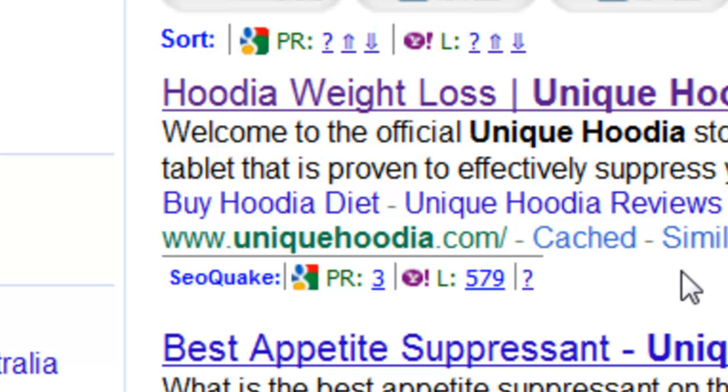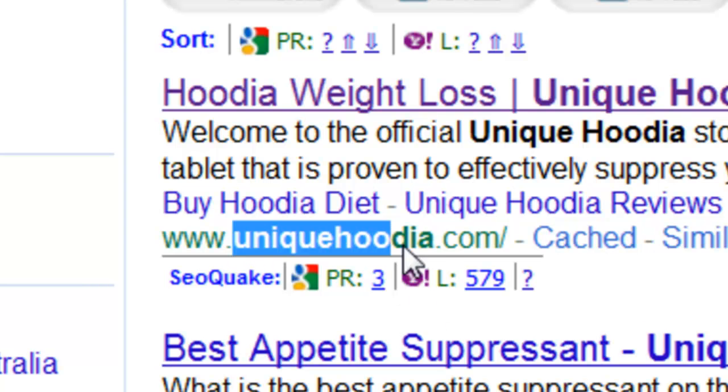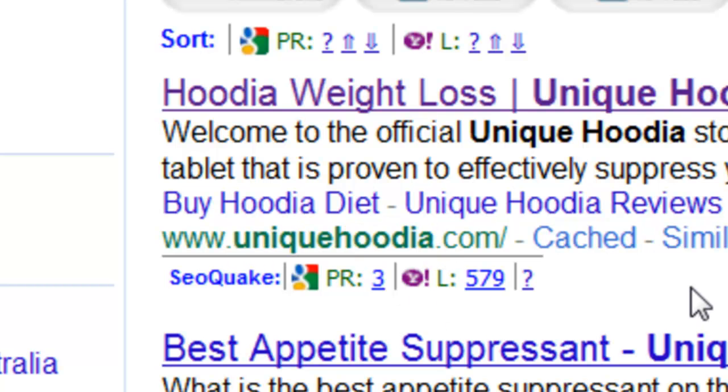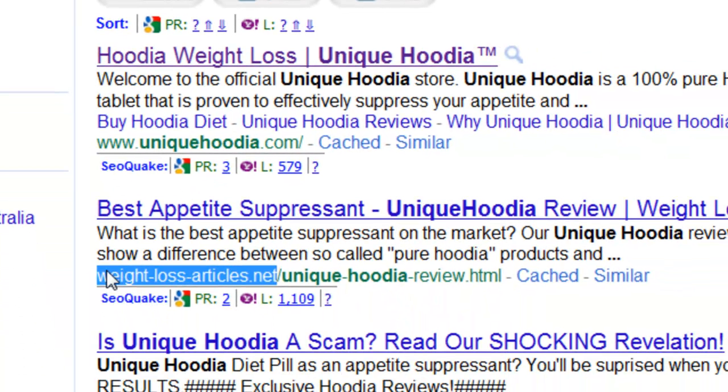So what it means is a website that doesn't have the exact match domain will have to build more backlinks to their domain in order to outrank this unique hoodier exact match domain because they don't have the advantage of the exact match domain. Like this one below is weightlossarticles.net. That's not an exact match domain, it's a general domain. So they'll have to build more backlinks to outrank them.